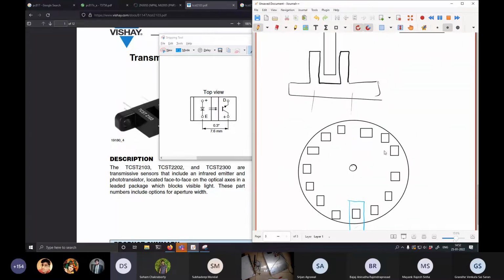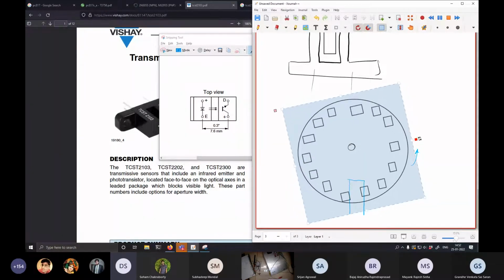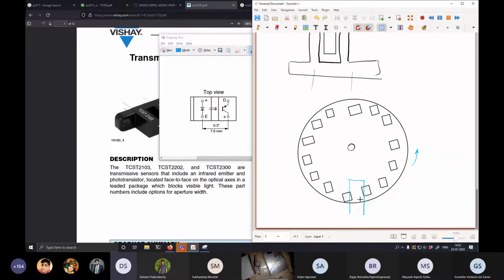But when this disc rotates a bit, so let me see if I can make it rotate. So when it rotates like this, when it comes to this position, what's going on? Anyone? It will block the light.